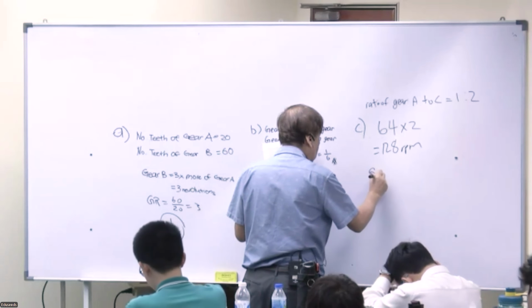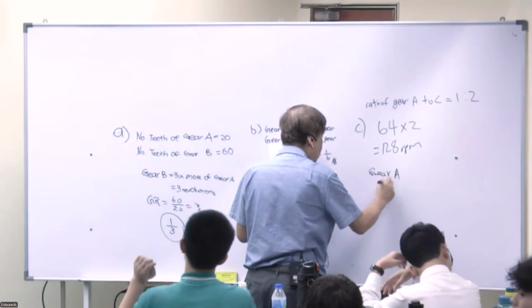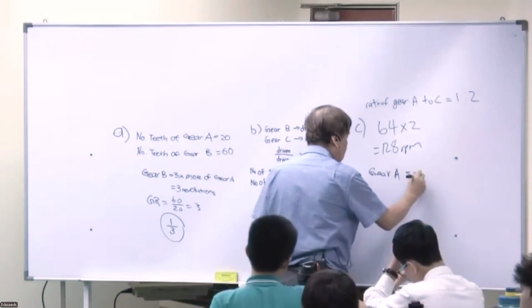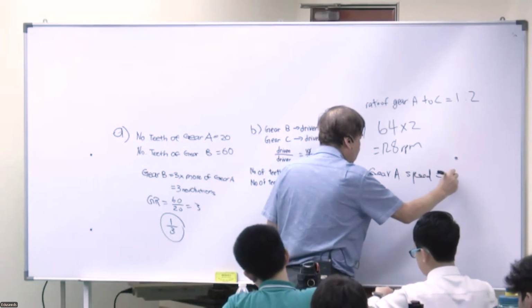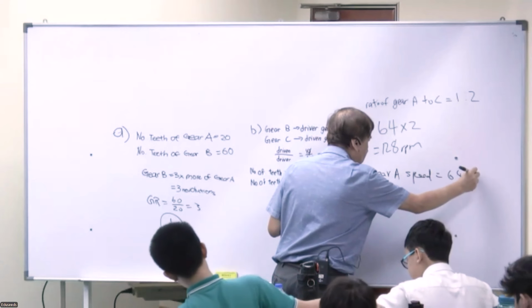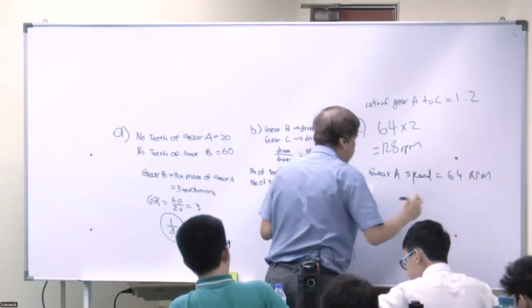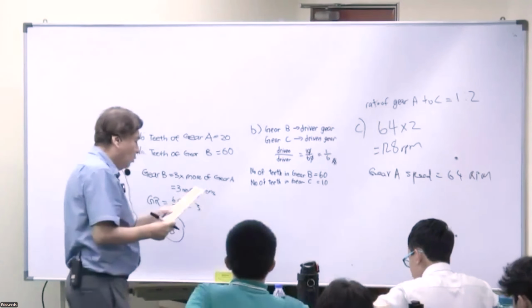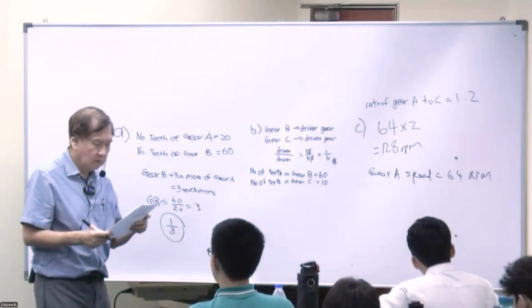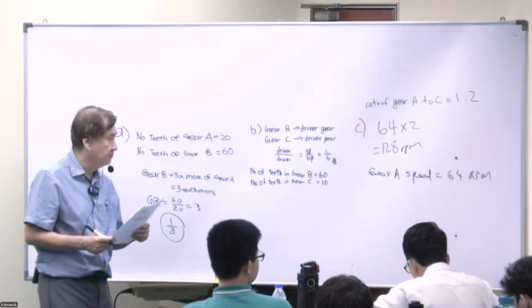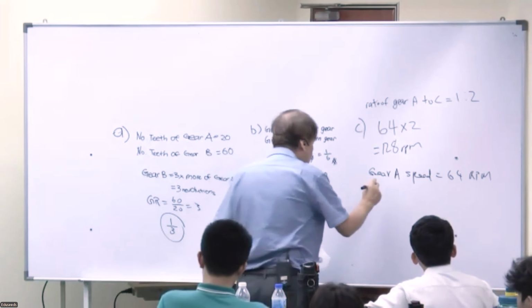Gear A, what's the speed? 64 RPM. Am I right? And we want to find the speed of gear C.